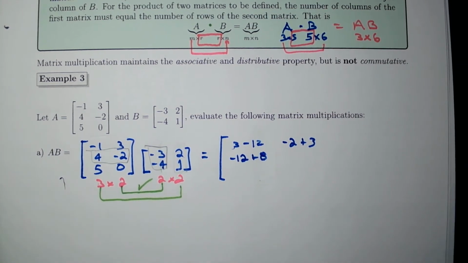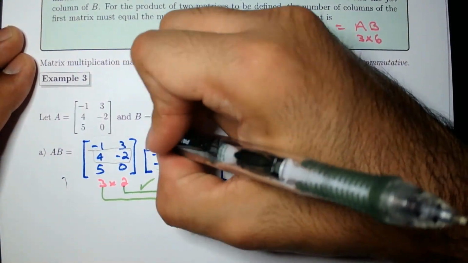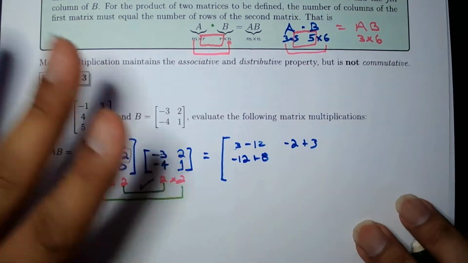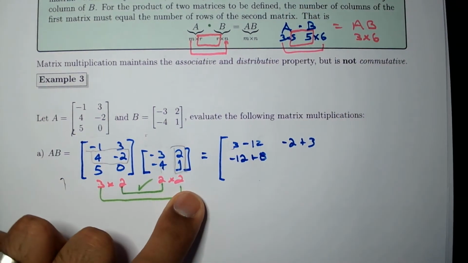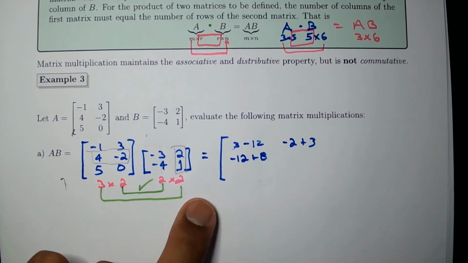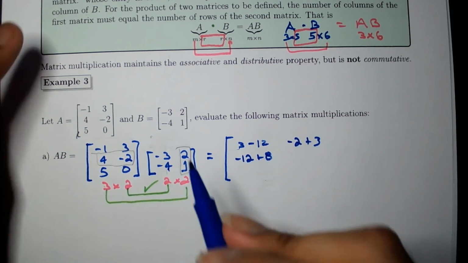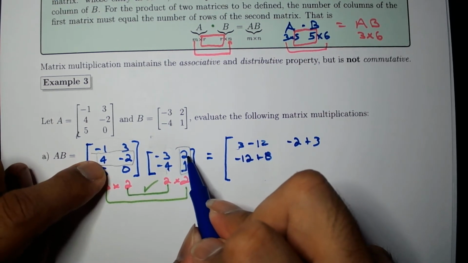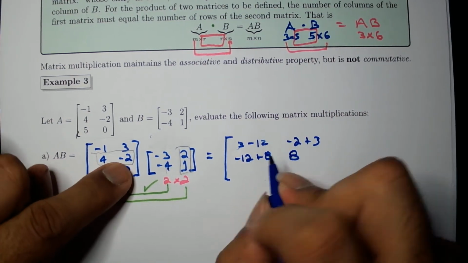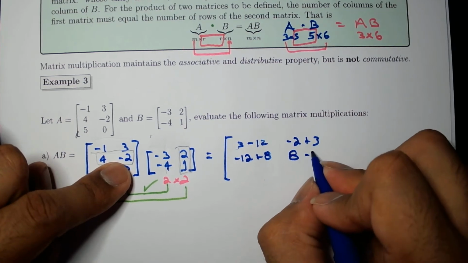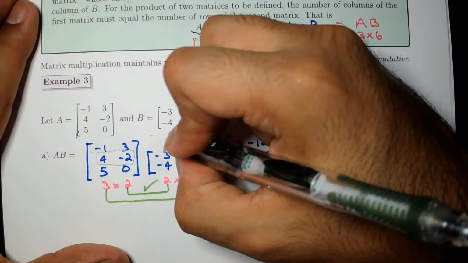And then, once we're done with that column, let me do the second row of the first matrix and the second column of the second matrix. So this is 4 times 2 plus negative 2 times 1. In other words, 4 times 2, which is 8, and then negative 2 times 1, that's a negative 2. Okay, let me erase these boxes.